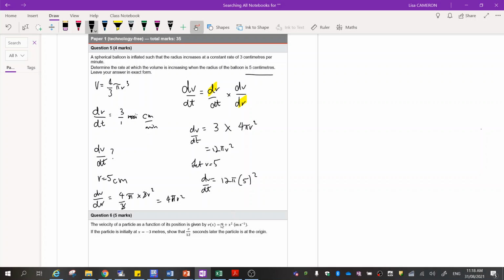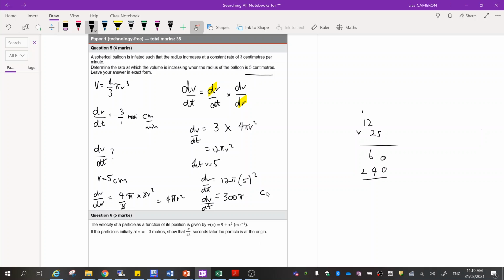So that's going to be 12 times 25. Just do a little sum to the side. 60, so 0, 2 times 4... this times this 2, so it'll be 300. So 300 pi is going to be the rate of change of the volume with respect to time when our radius is equal to 5 centimeters.